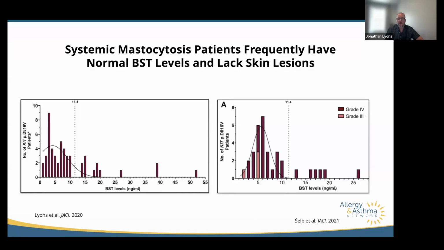And so, while it's important to measure the tryptase level and it is helpful, we need to really be making sure we're also screening for D816V in patients who have syncopal anaphylaxis, particularly to drugs and insect stings, or even pre-syncopal, anybody who has anaphylaxis badly, and particularly adults, and certainly be sending the peripheral blood D816V and the tryptase level in these patients.